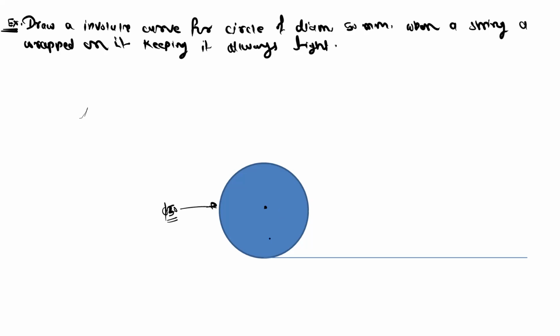Now divide this circle into 12 or 8 equal parts. If you want a smooth curve, then divide this into 12 equal parts, or even you can divide it into 8 parts. I will show this in the AutoCAD.